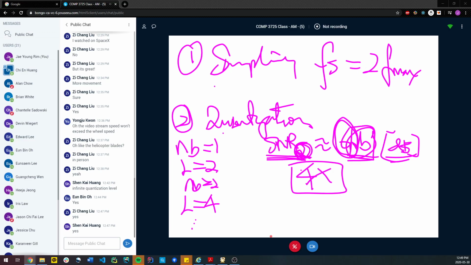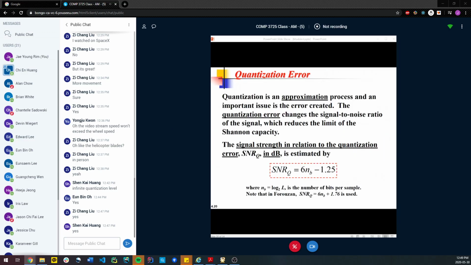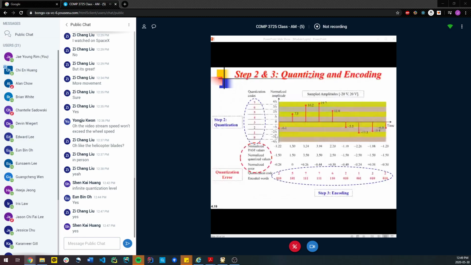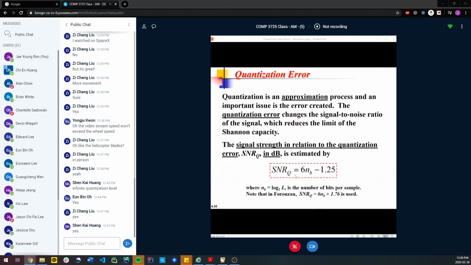Effectively, what this is saying is that for every NB that I add to the system, I am halving, obviously, the gaps, but I'm reducing the amount of errors by 4 times. So this is an equation given to you, right? Whether that's minus 1.25 or plus 1.76, that's just a correction factor of 3 dB.